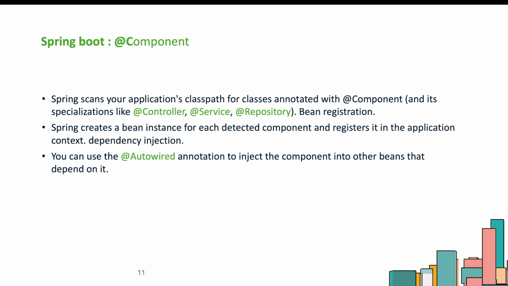And sometimes when we access one component from another component, we may use @Autowired to inject one component into another component. That's called dependency injection. That dependency injection we will achieve through @Autowired. We are going to learn more about @Autowired in coming classes.